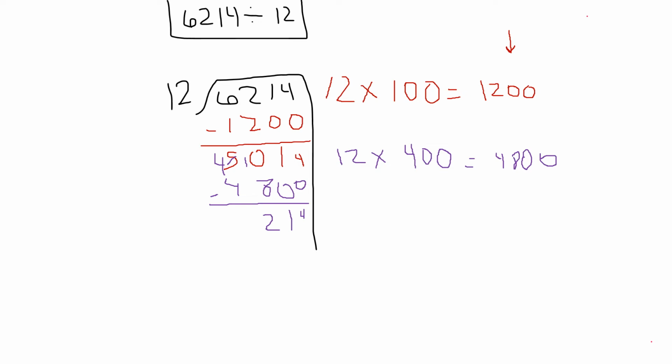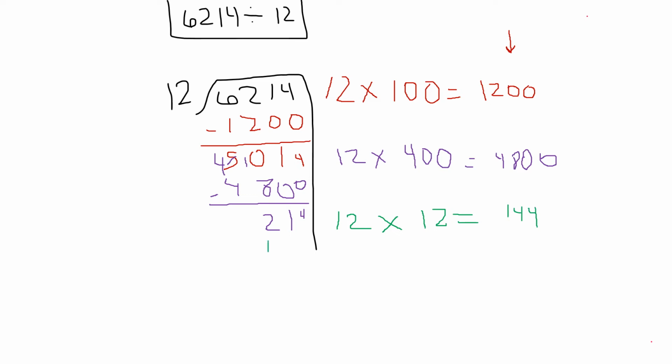So we're getting smaller, as you can see. So again, we come over here, and what times 12 can get me as close to 214 as possible without going over? I know that 12 groups of 12 give me 144. So again, I take my 144 and do my repeated subtraction.